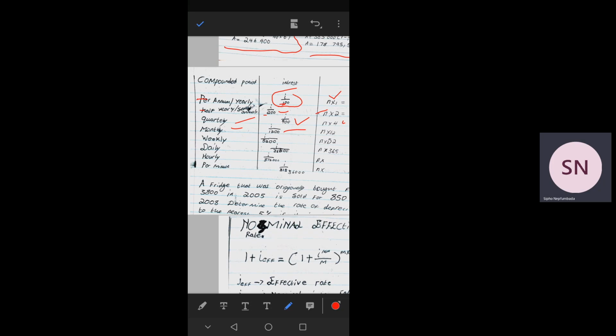Monthly is 12 months, with 1200, and it can be weekly and so on.